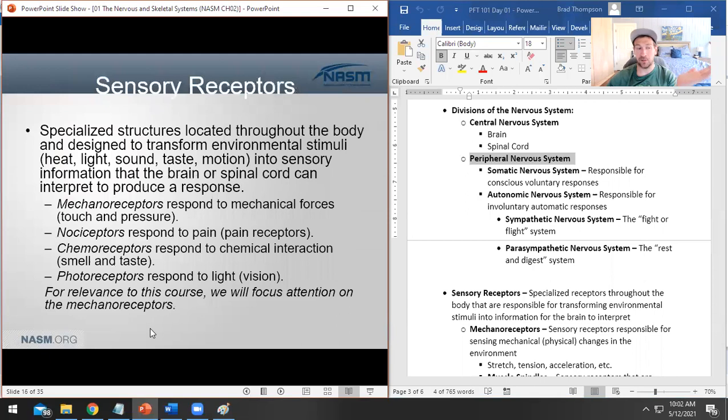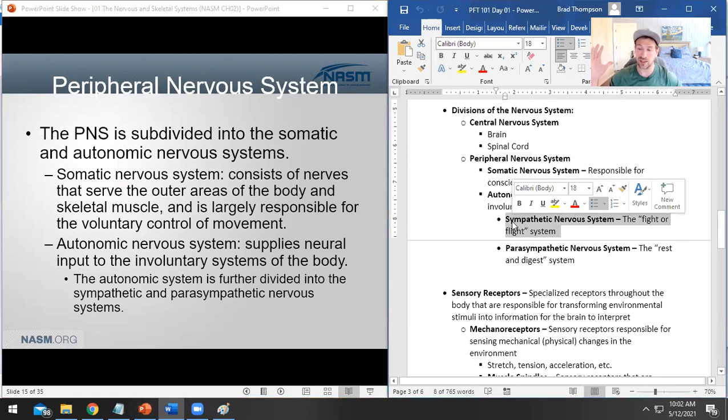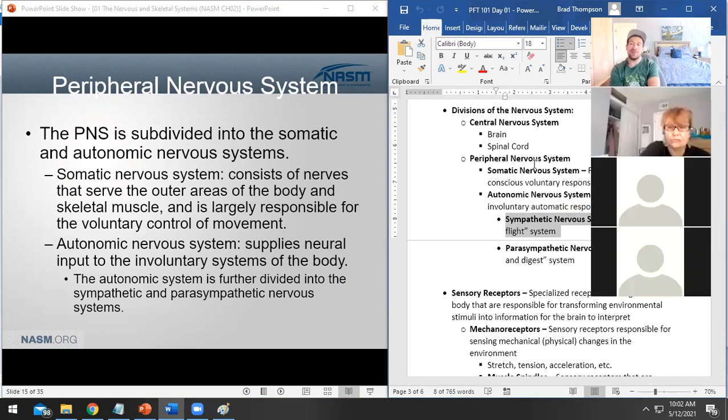And then the other part is your autonomic nervous system divides into the fight or flight system, which is going to intensify things, or the rest and digest system, which is going to relax things. So here's a weird fun fact for you, because this is sometimes a little hard to swallow, no pun intended. When you're exercising, exercise is very much a stressful situation.